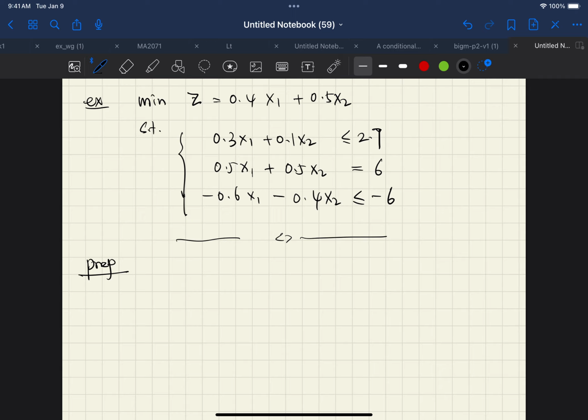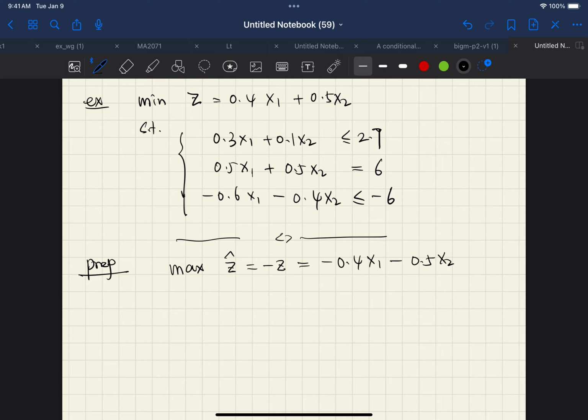So first we do the maximization problem, which is z hat. So instead of minimizing z, we want to maximize z hat, which is defined as the opposite number of z. So that's the same thing.